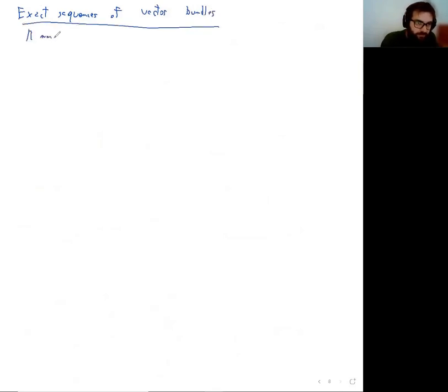So we have a manifold M. We have E prime, E, E second, vector bundles over M, and take alpha from E prime to E and beta from E to E second, morphisms. So morphisms, of course, of vector bundles.